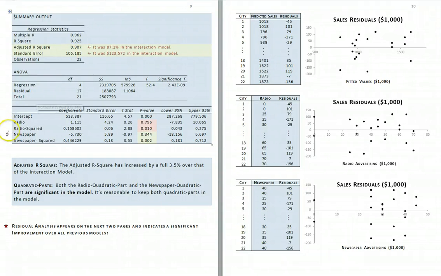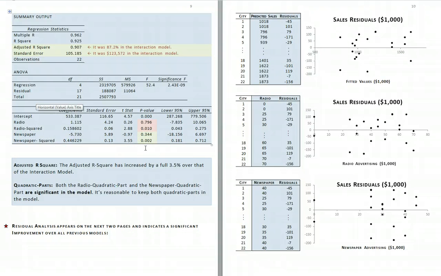The radio squared variable tests as a useful variable, and in this type of situation, most model builders would keep both the radio squared and radio variables in the model. The newspaper squared variable also tests as a useful variable.